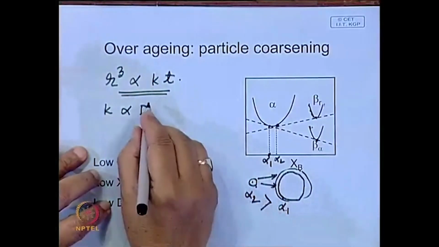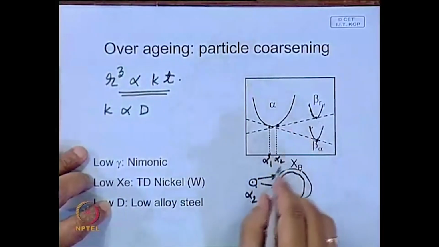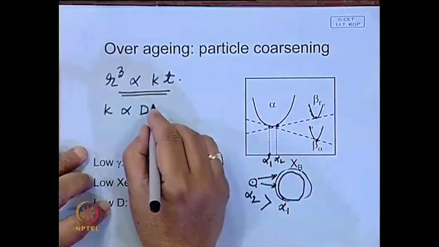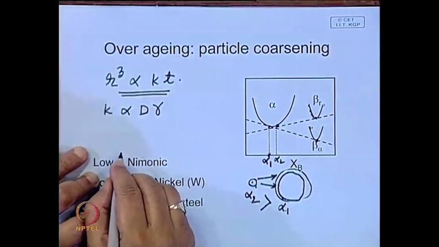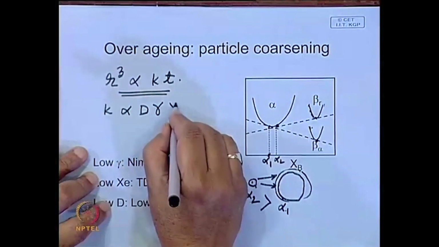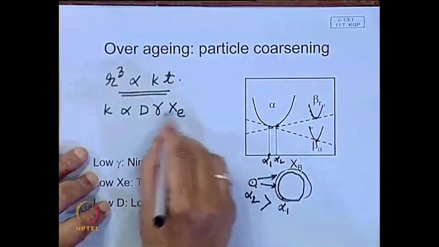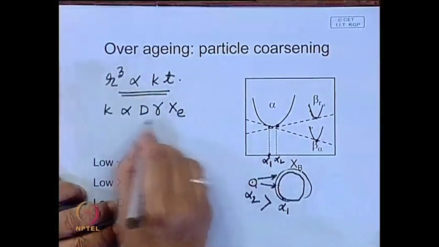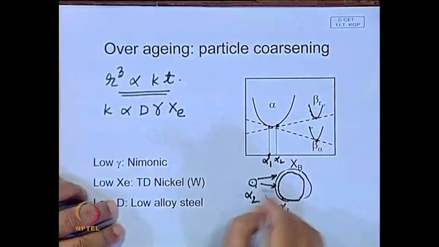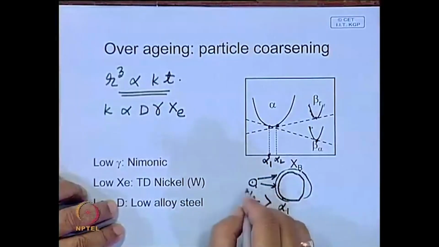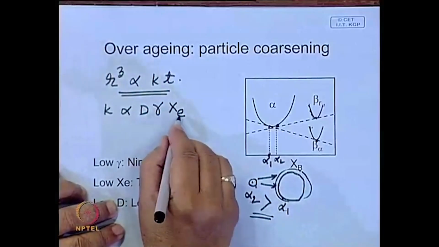Second is the surface energy. When they are growing, the net surface energy decreases. So, surface energy is also a driving force, and another important driving force is the amount of solute you have, or the solubility, that equilibrium solubility limit. If this is large, there can be a large difference, and that concentration gradient can be there.